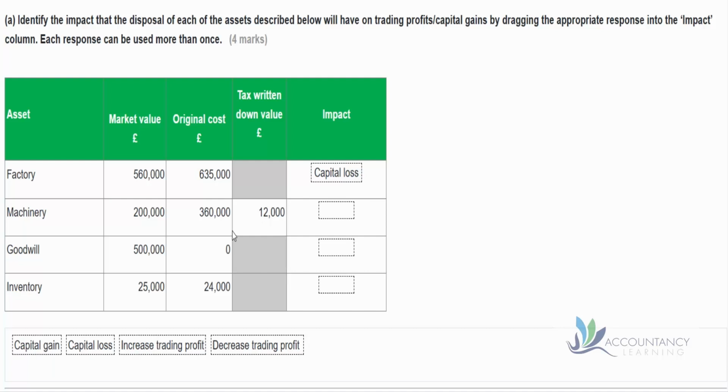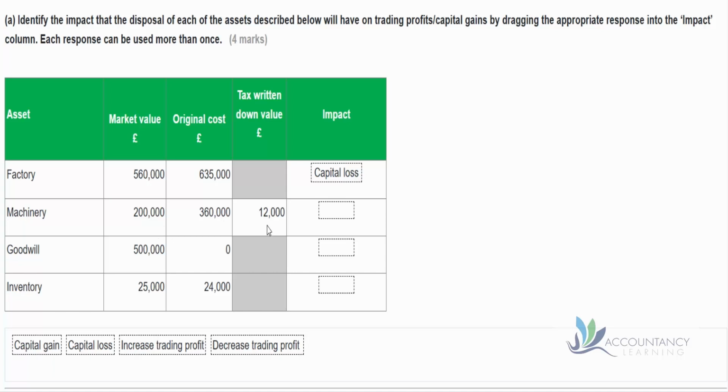And then we're selling off the machinery. It cost us 360 originally, and it's got a market value of 200,000. So it looks like we're selling this at a loss. But because we're claiming capital allowances, we need to deal with this through our pool. So how does that work? Well, we're selling this asset for 200,000, so the proceeds from the sale would be deducted from our pool.